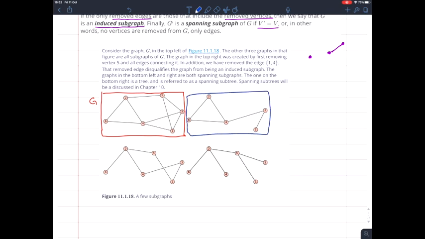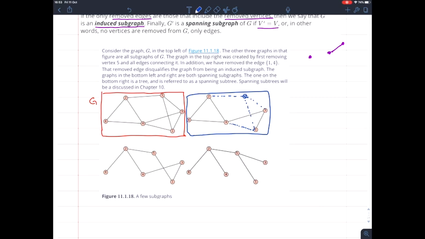Let's just check that it's a subgraph. Well, what's happened? We've removed the vertex labeled number 5, and we removed the edges associated with it. But we also removed the edge linking 4 and 1.